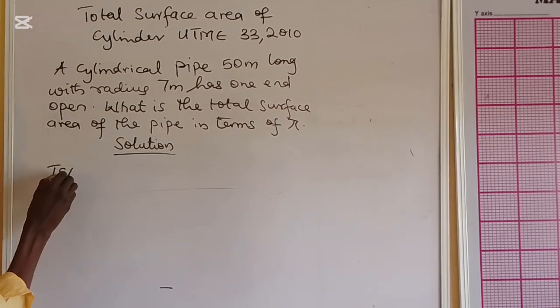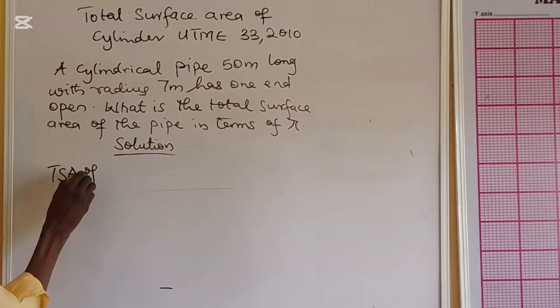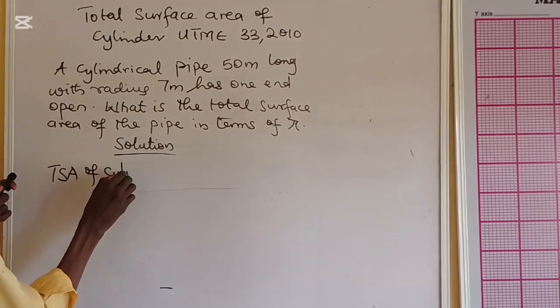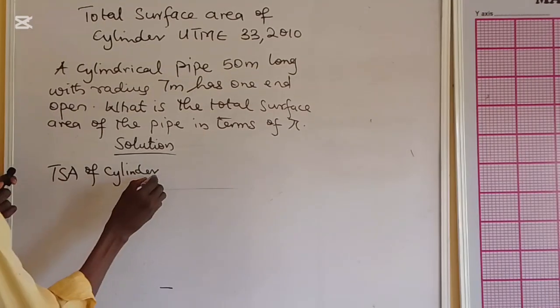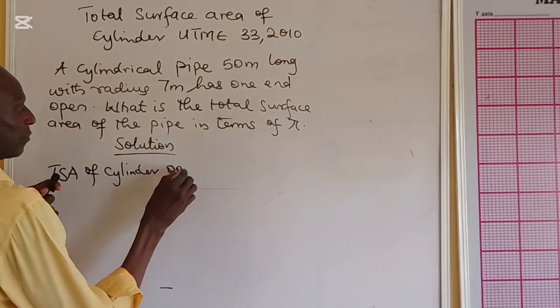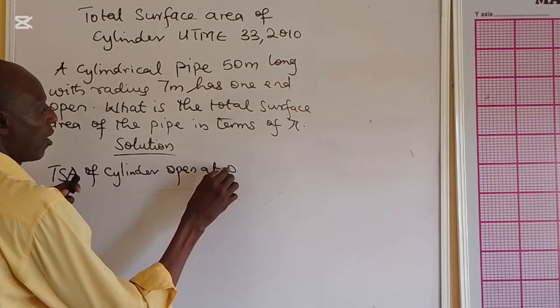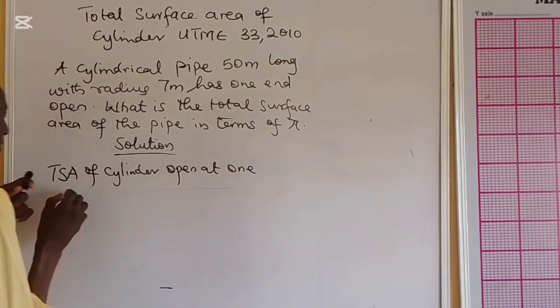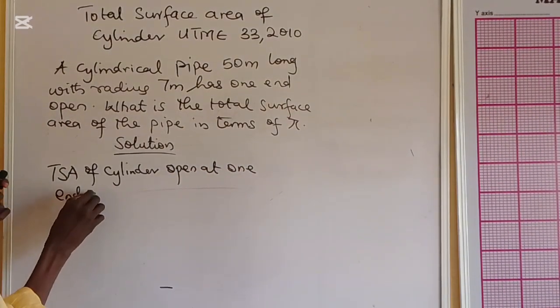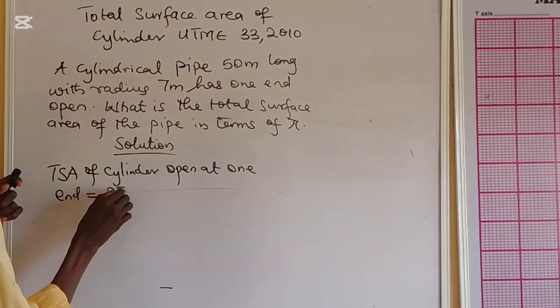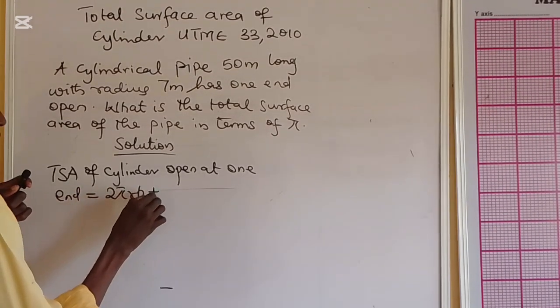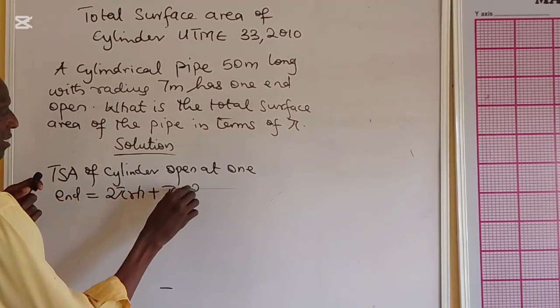The total surface area of a cylinder open at one end is the curved surface area plus area of a circle.